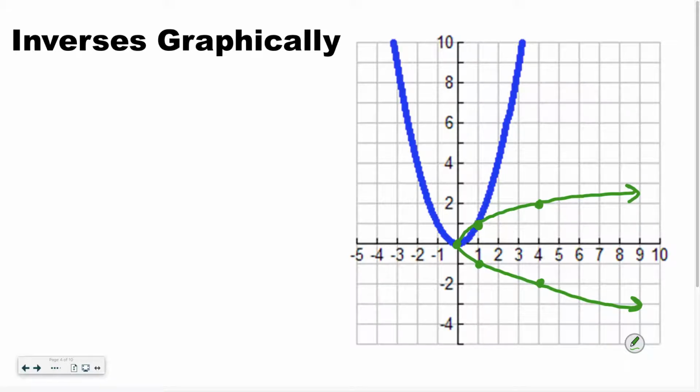So because this blue function failed the horizontal line test, it means the inverse is not going to be a function. Okay? The green passes the horizontal line test. So when we have a graph that passes the horizontal line test, and then we find its inverse, and the inverse is a function, we call that function one-to-one.